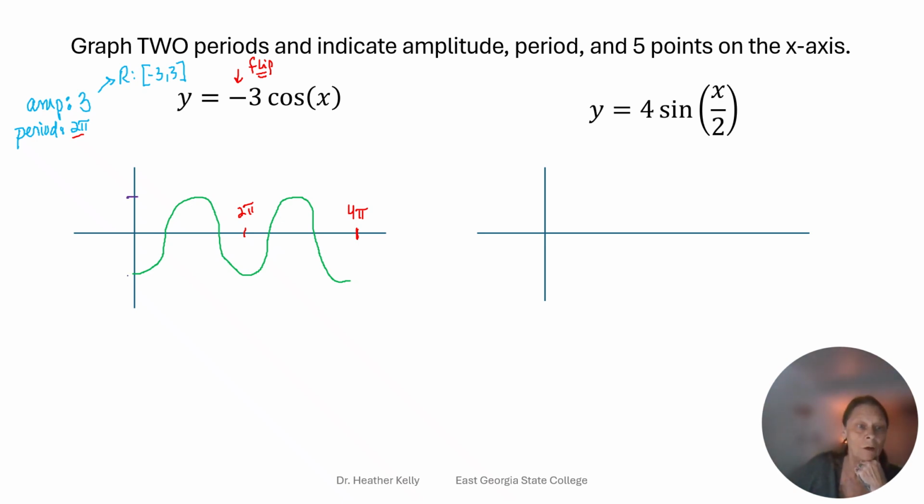And notice I didn't go any bigger or any smaller. This is 3 and this is -3. And I'm going to indicate a few other things here. So if this is 2 pi, then this is going to be pi. This is going to be 3 pi. Okay, so that gives us our 5 points because this is 0, of course.